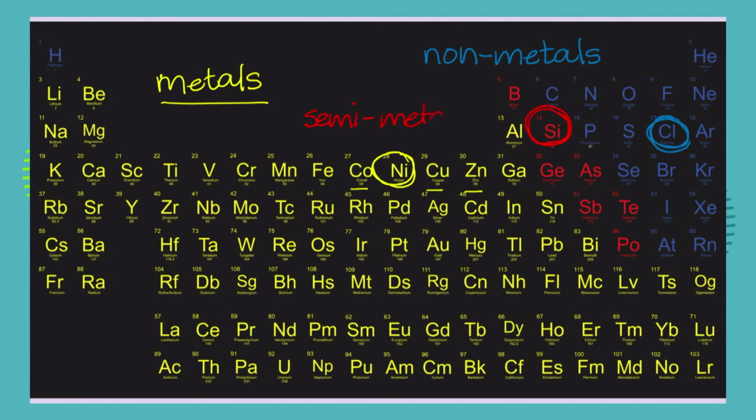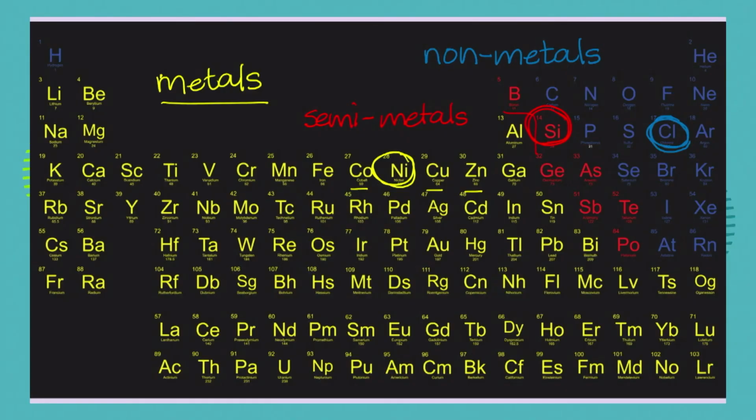It basically means they're not metals, but they're also not non-metals. They can't make up their mind. And scientists sometimes call them the step elements, because they make a staircase dividing the metals from the non-metals.